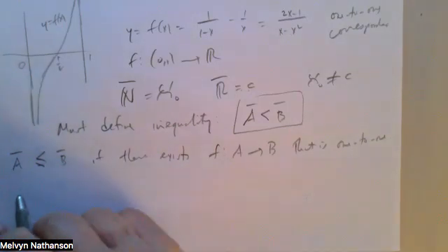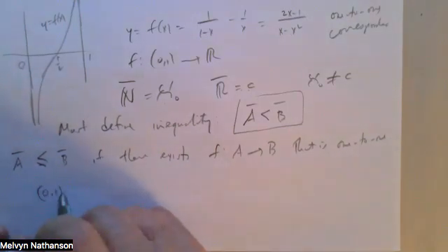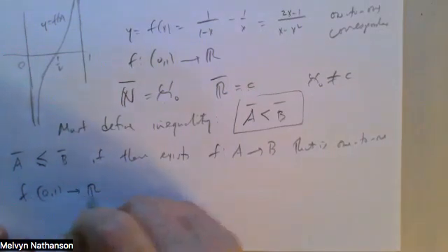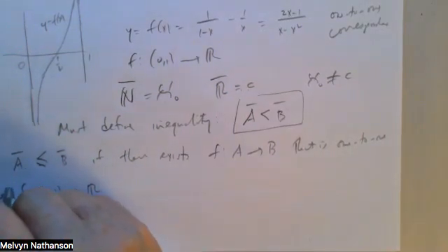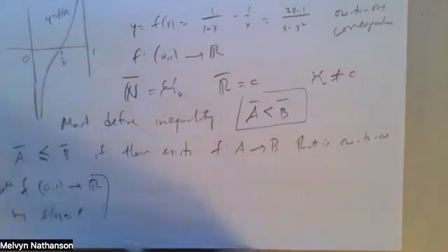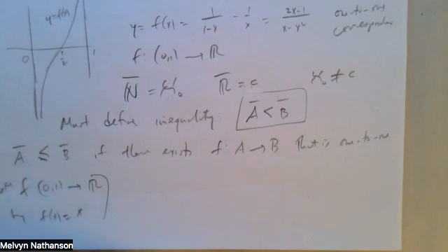So for example, if I take the interval from 0 to 1 and the real line, and I define a function f from (0, 1) into R by f of x equals x, this is 1-to-1. If x is different from x prime, f of x is different from f of x prime. So this function is 1-to-1.